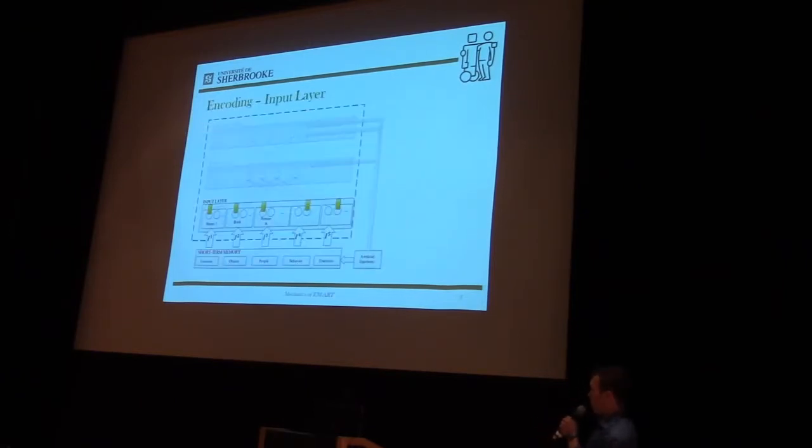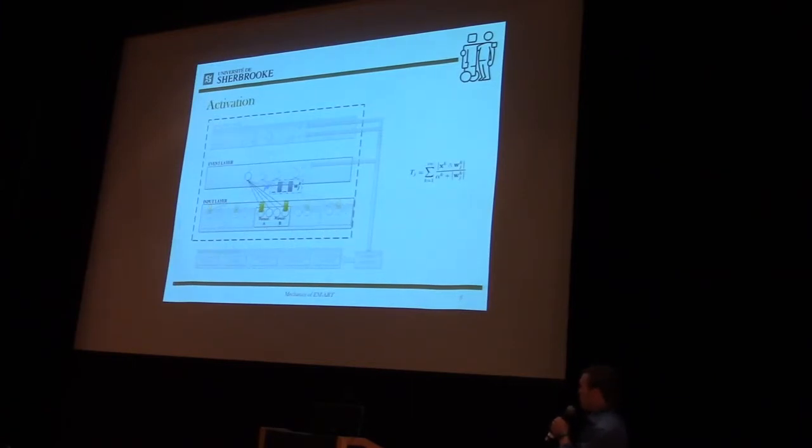I'll go briefly through the mechanics of the model. The first step is the encoding. We represent the context in the input layer. In this case, we are in the first room with a book and a person. Then comes the activation step of the ART network. Basically, it's a competition between every node in the event layer, and we choose the one with the most similarity.